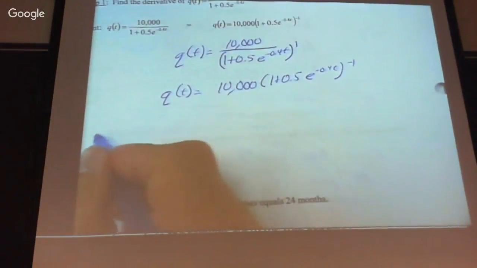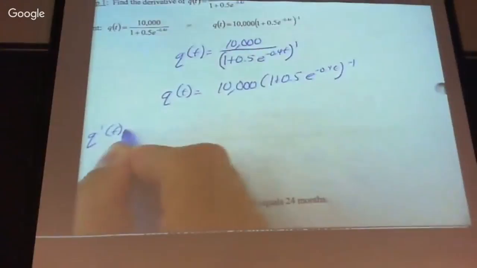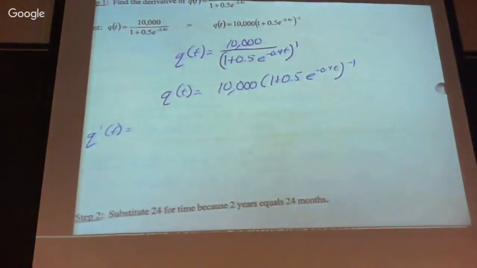So I've given you the setup, but I'm going to give you a couple minutes to do it on your own. But before you do it, let's remember chain rule. How do you do chain rule again? Exponent goes to the front. Inside stays the same.